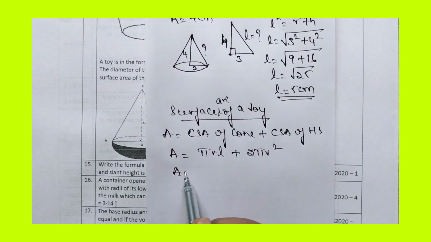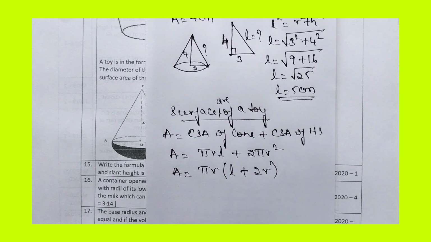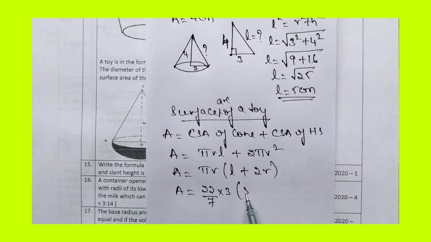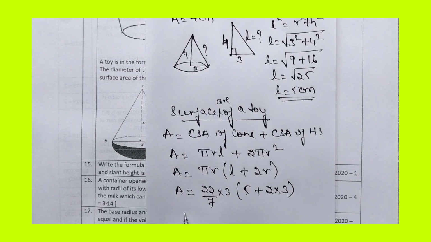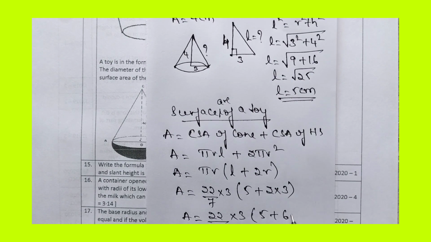So area is equal to pi r common in both, remaining is L plus 2r. So area is equal to 22 by 7 into radius 3 into slant height 5 plus 2 into radius 3.